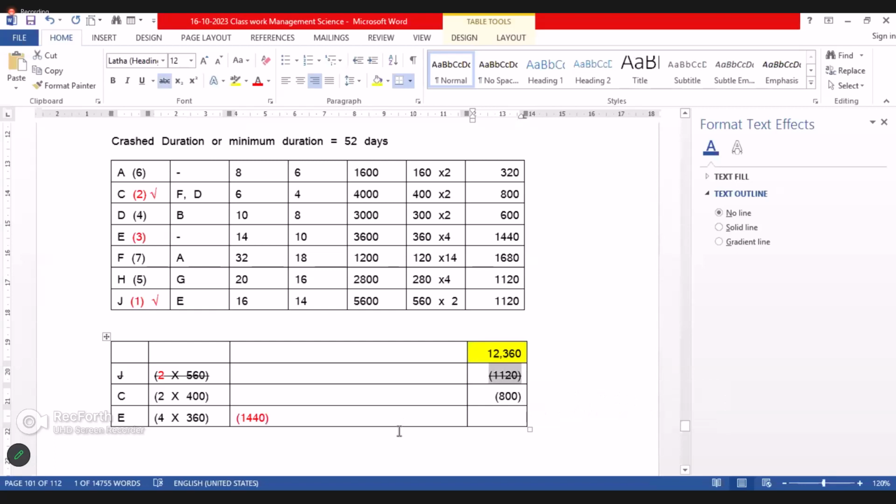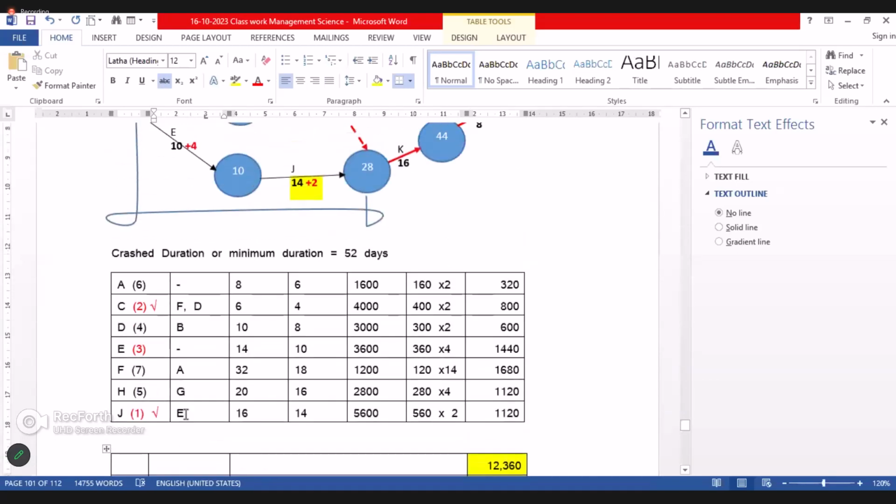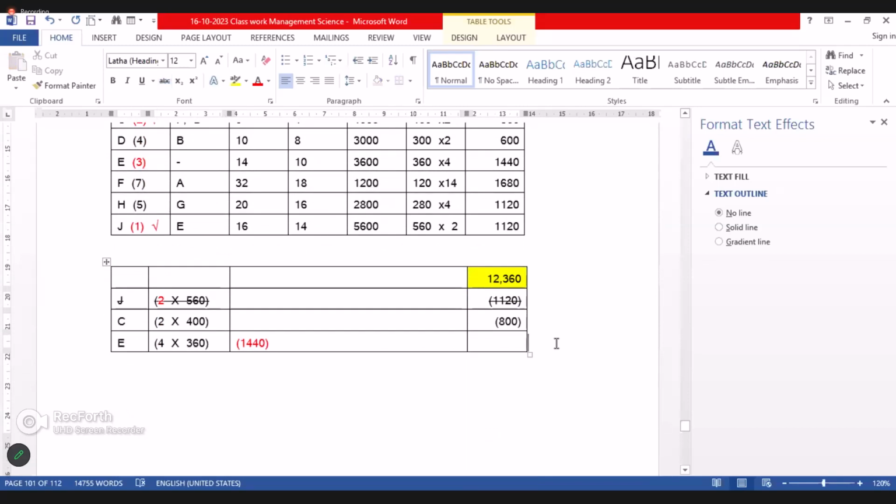We have other options here: J 2 days, E 2 days also possible. We make adjustment in E 2 days, what will happen? That is possible, no? Without affecting the duration. Did you get the point? 2 days into 360.